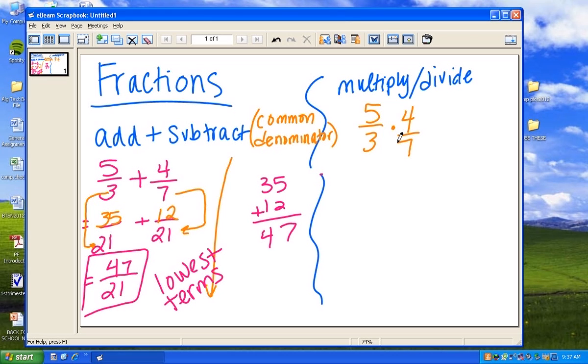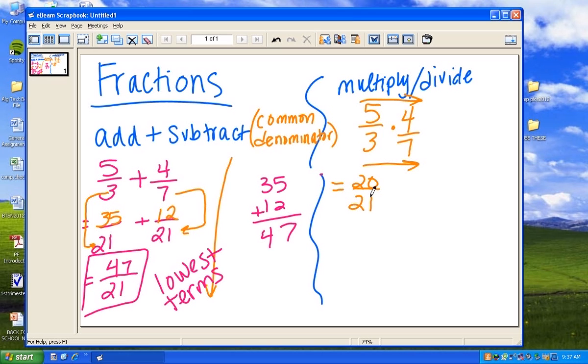Dakota. Multiply each number. So 3 times 5 times 4 times 7? Okay. And multiply the numerator by the numerator and the denominator by the denominator. Excellent. So we can say that we're multiplying straight across. Numerator times numerator, denominator times denominator. So 5 times 4 is 20. And 3 times 7 is 21.